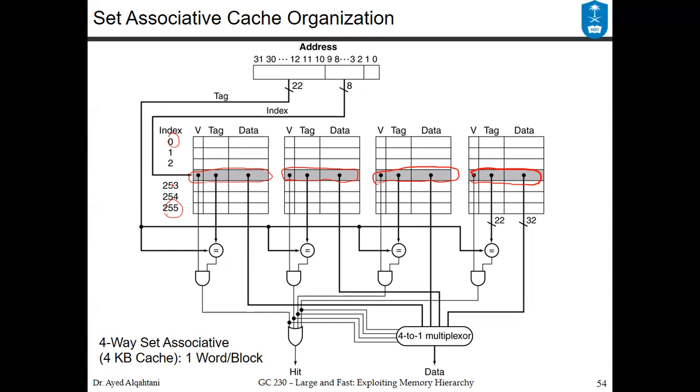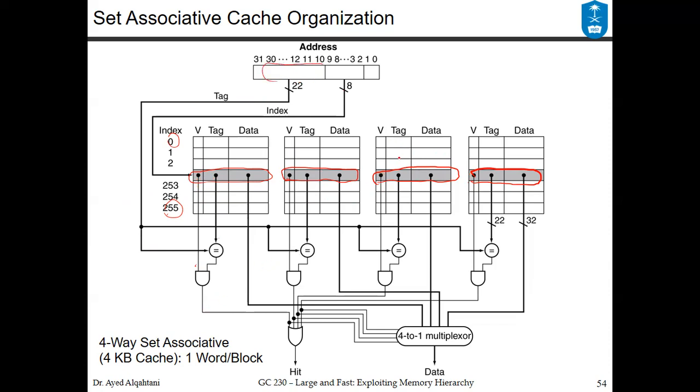Now, to know if you have a hit, you check the tag against every tag in the 4 ways. And you also check the valid bit for each one of them. So if you have a valid bit and the tag is the same as the tag inside the address, then you have a hit.